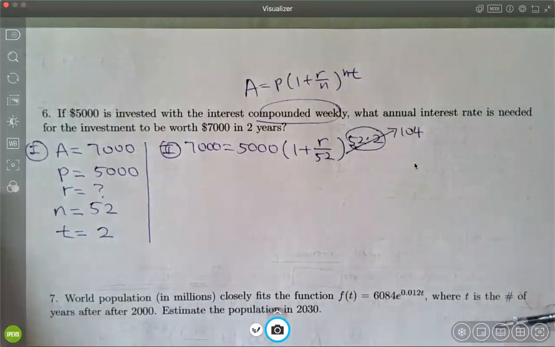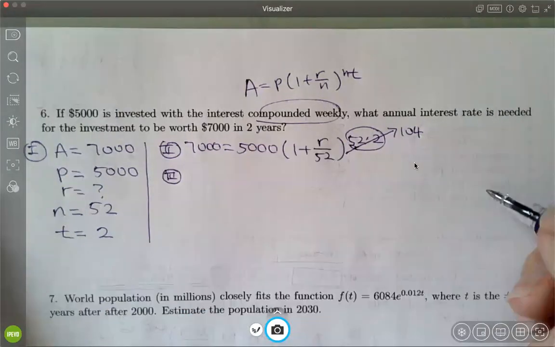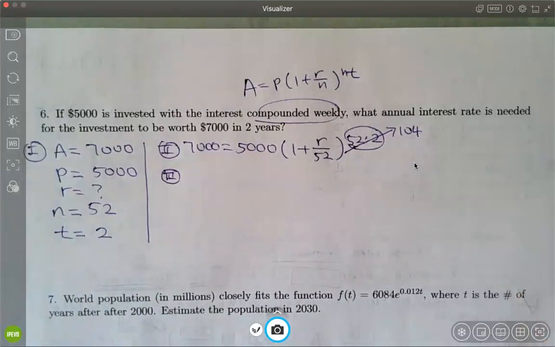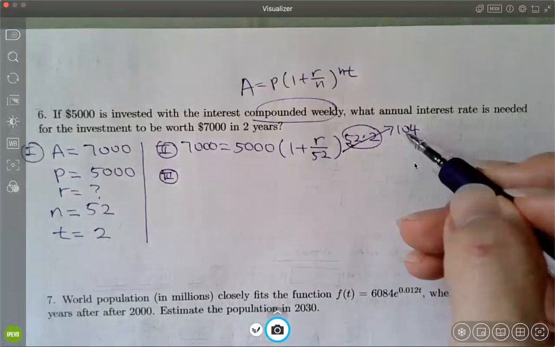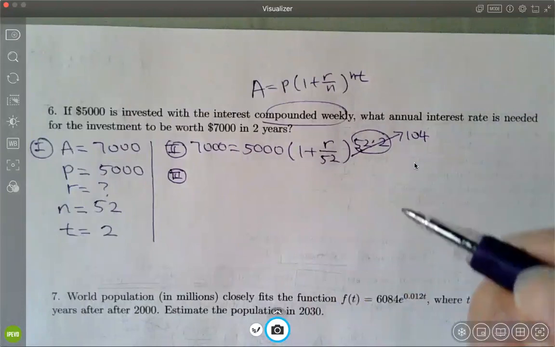What needs to be the first step? This can be tricky. Here we have to remove several things. We have to remove 5,000, we have to remove 104, and then this 1 and 52. What can be removed first, and what should be removed first?